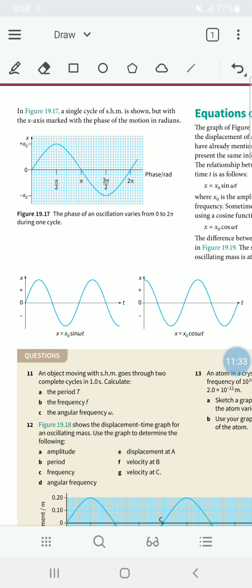If it is 0, then we use x equals xo sine omega t. If it is highest, like in the second graph here, we use x equals xo cos omega t. Please draw these two graphs.